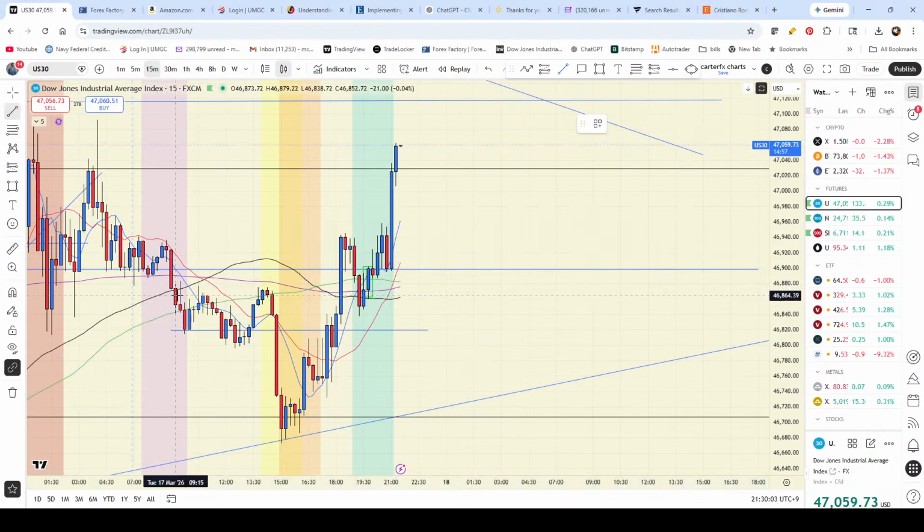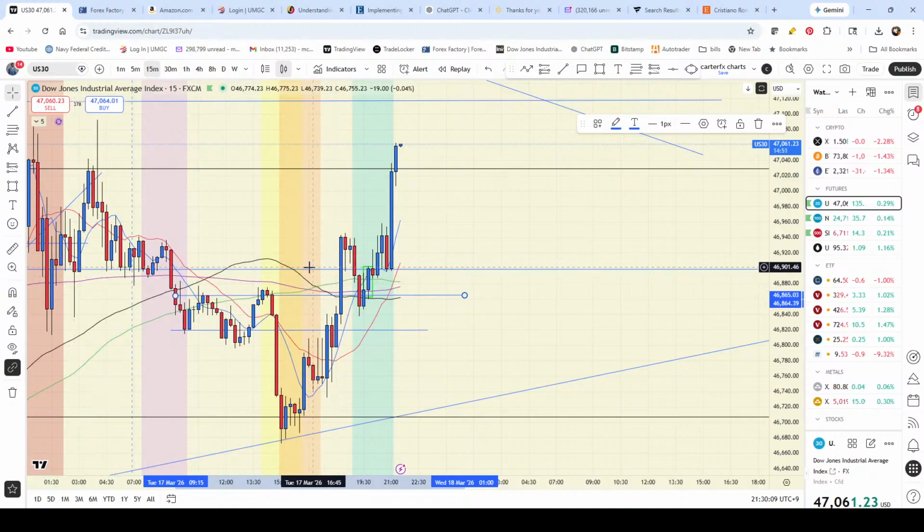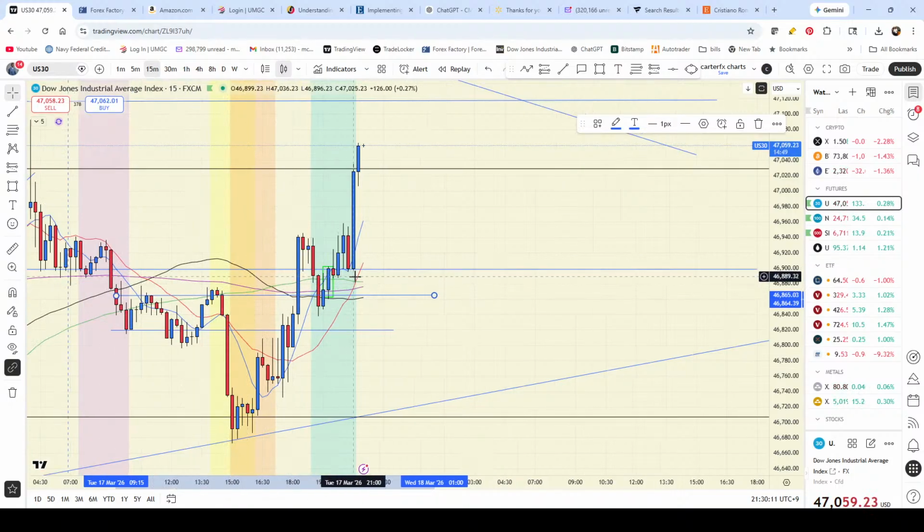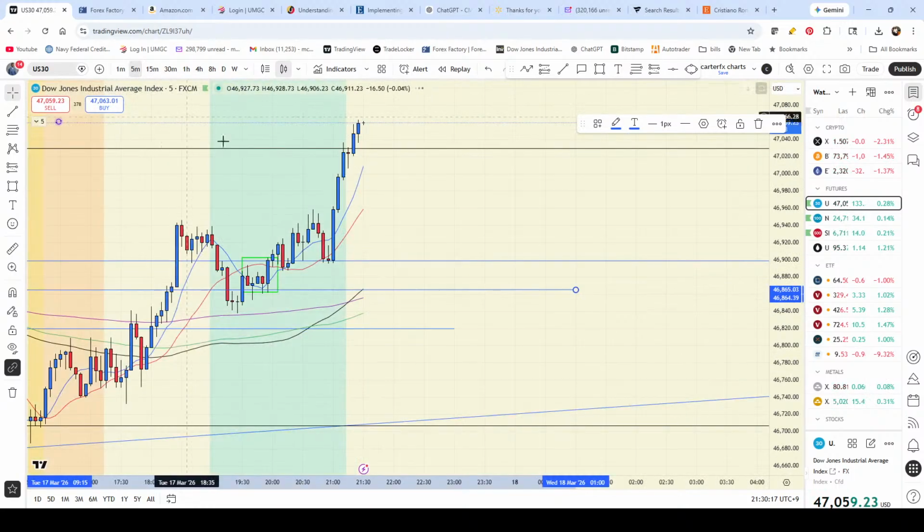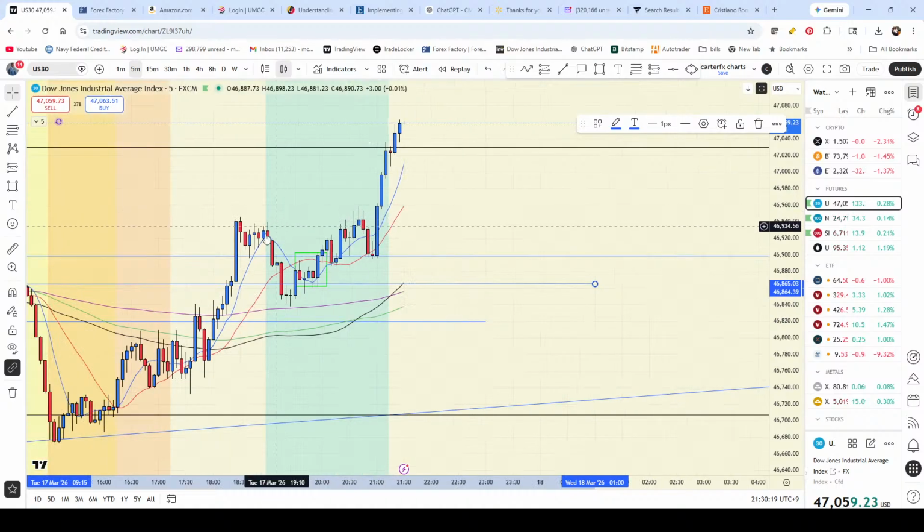Okay, I'll also mark this as a high right here. I didn't use that, but I was using this dynamic support and resistance right here, the moving average. Go to the 5 minute.